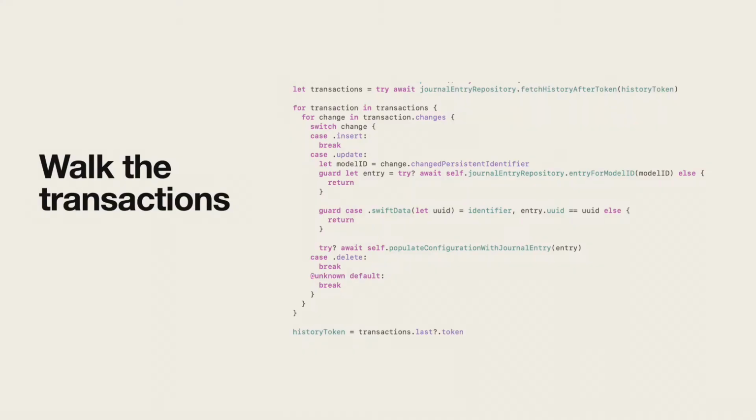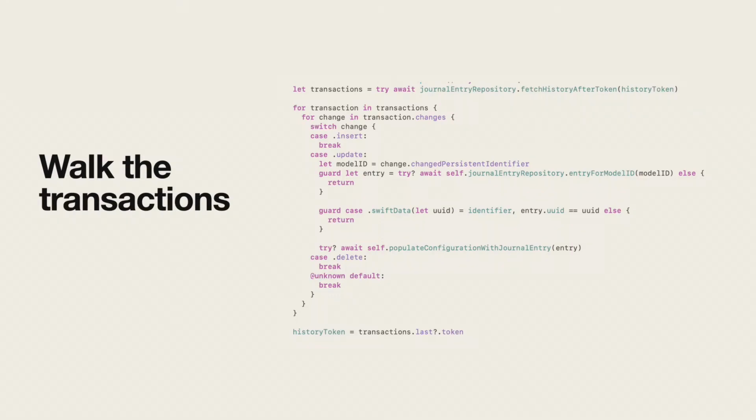Even with your context, you can do transaction blocks in it, which is good if you want to do unrolls and stuff. There are a few different ways of handling it, but this is what it is. Each transaction has a change, and those changes are your inserts, your updates, and your deletes, or an unknown fourth thing that may or may not come about in the future, which we're just handling there.